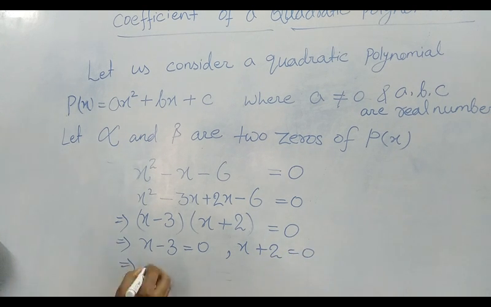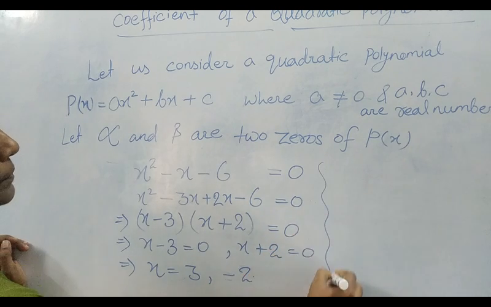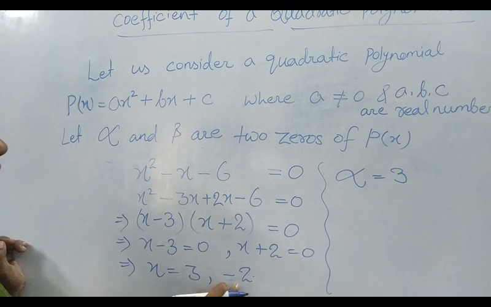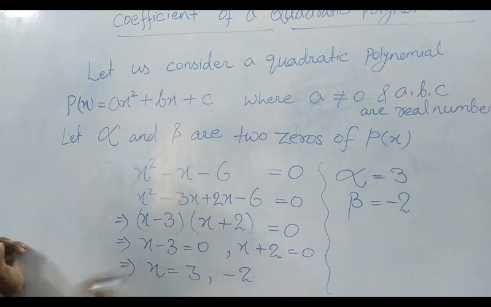So this implies we have x is equal to 3 and from here x is equal to minus 2. That means we have two zeros, 3 and minus 2. We represent 3 as alpha and the second root as beta, minus 2.